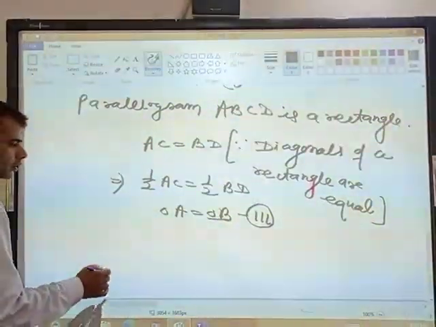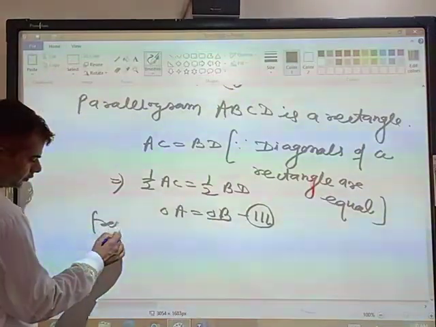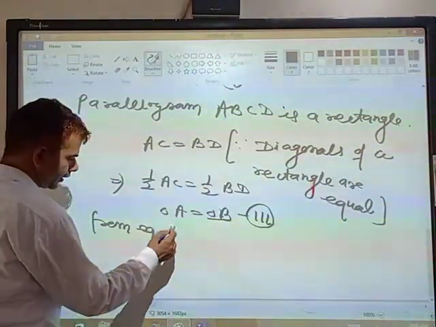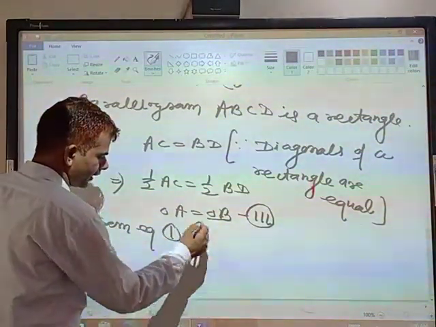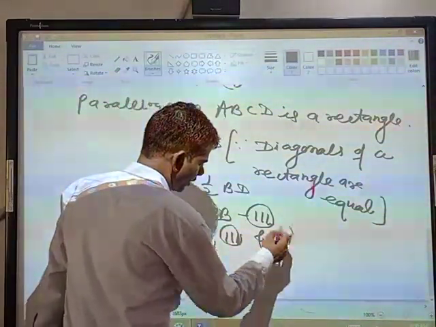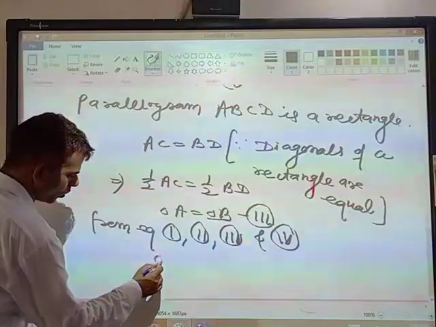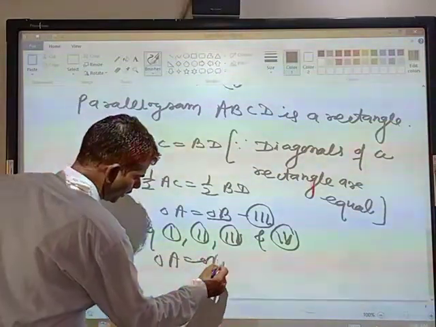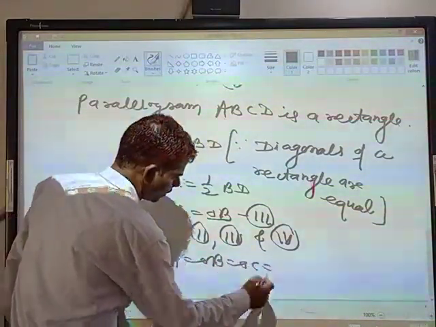Am I right or wrong? Yes, sir. From equations first, second, third and fourth, we conclude that OA is equal to OB is equal to OC is equal to OD.